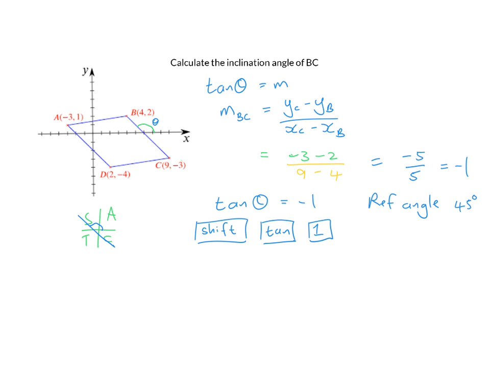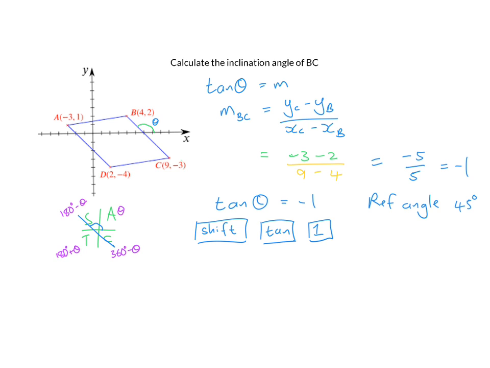Now, if I can remind you again in trigonometry, in our first quadrant, we worked with theta. In our second quadrant, we normally worked with 180 degrees minus theta. Third quadrant was 180 degrees plus theta, and fourth quadrant, 360 minus theta.